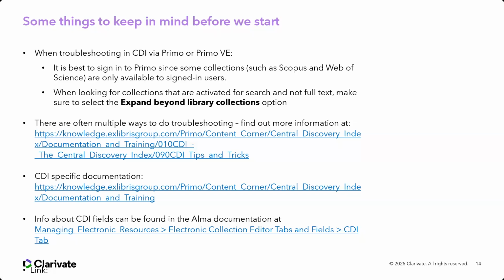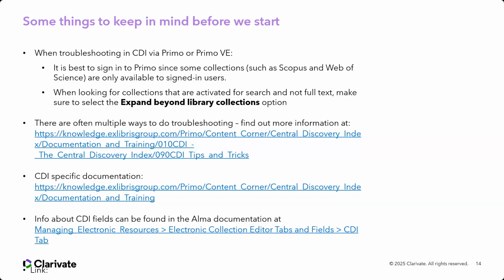Also, I want to point you to a number of places where you can find more information about troubleshooting and find answers to your questions. The first document that I list here is a link to the tips and tricks document that we have for CDI, which has lots of questions, also ones that I took for this session, but more than that, with links to tools and lots of different pieces of information.